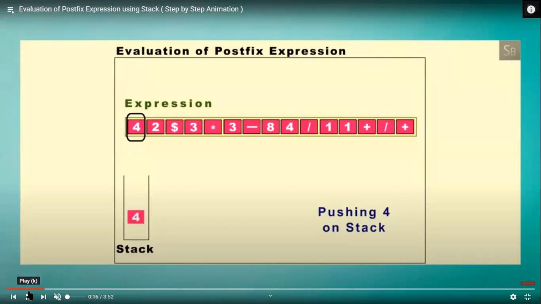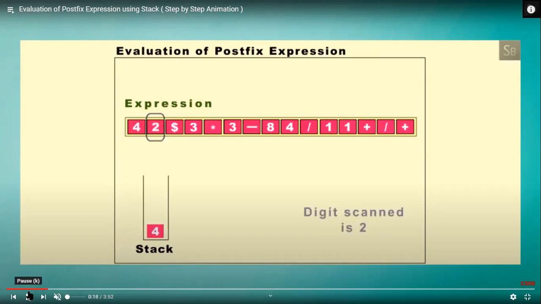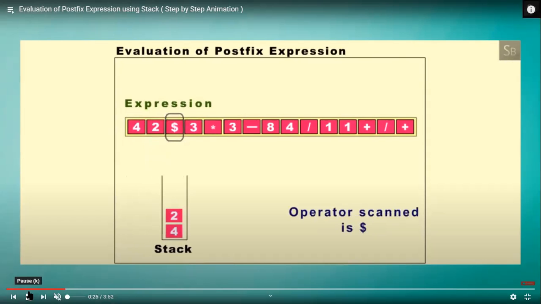First we are going to scan the digit, or you can call it a constant, which is 4. So 4 will be pushed to the stack. Next we scan 2. 2 again is a constant, a digit, an operand, so it will be pushed to the stack. Next we have a dollar, which will be scanned.